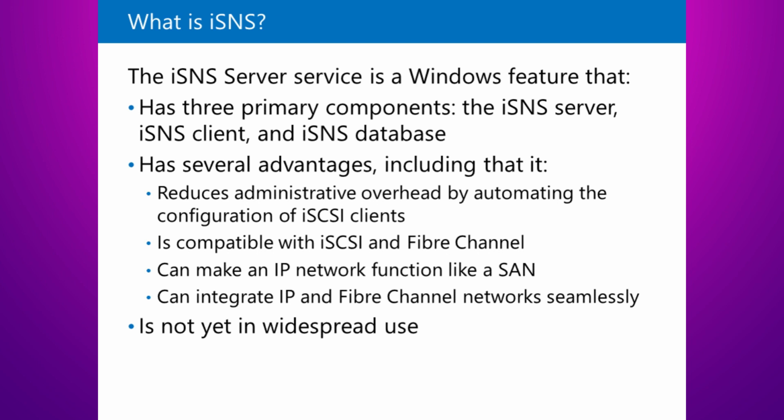Because iSNS can perform storage discovery and configuration tasks, you can use iSNS to make an IP network function similar to a SAN. You also can use iSNS to integrate IP and Fibre Channel networks seamlessly because iSNS can emulate Fibre Channel fabric services and manage both iSCSI and Fibre Channel devices. As a result, if iSCSI and Fibre Channel devices comprise your storage network, this is very valuable to your organization.